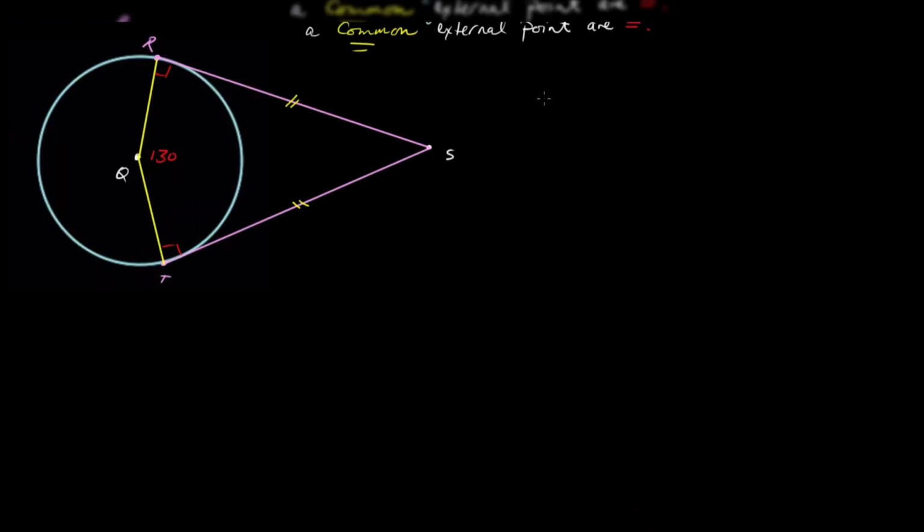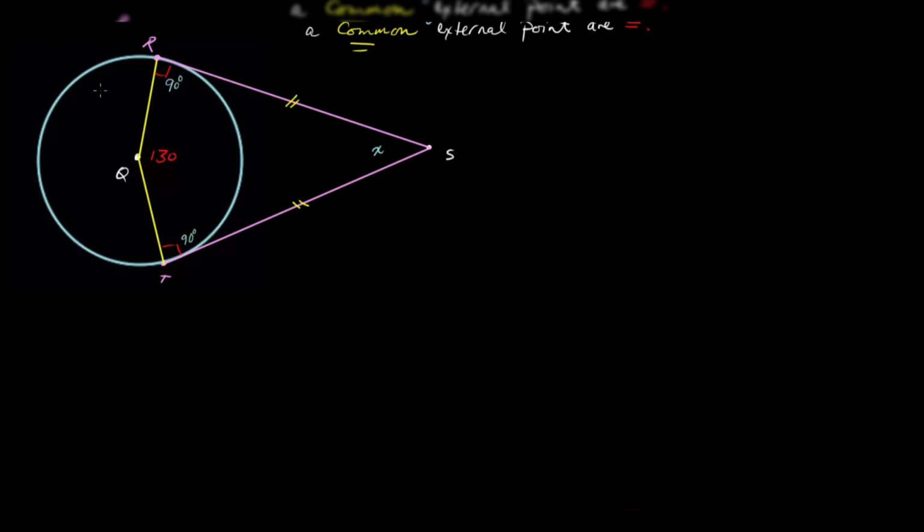Okay, here's a question. In this question, we're told that this central angle over here is 130 degrees, and we're asked to find this angle over here, angle x. Well, how are we going to do that? We already know that this is a 90-degree angle, and this is a 90-degree angle.